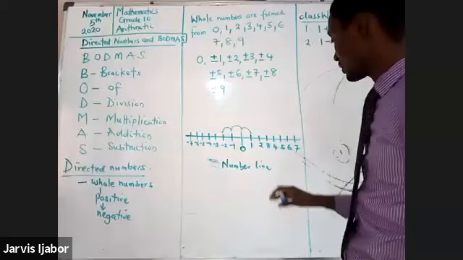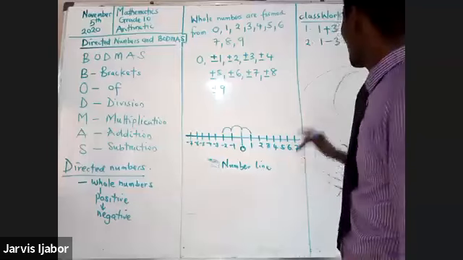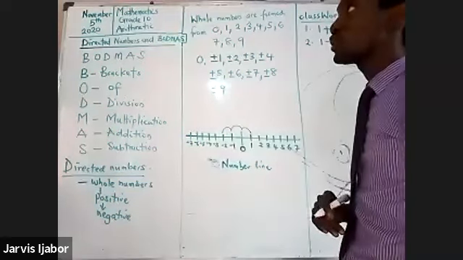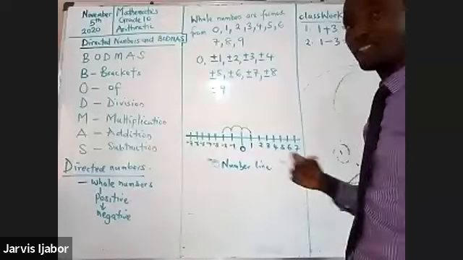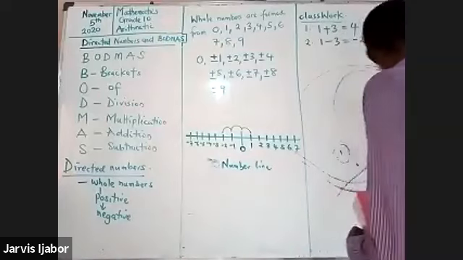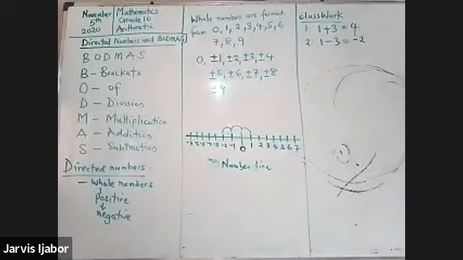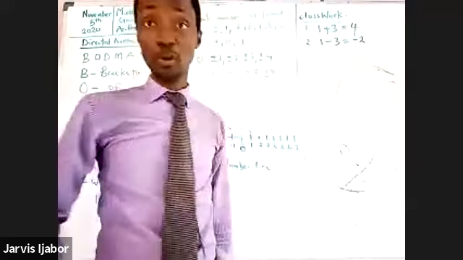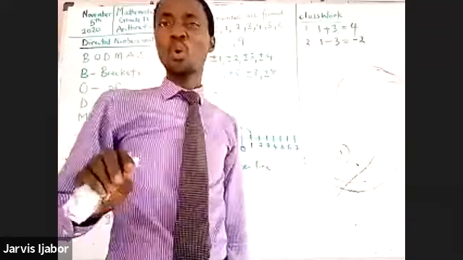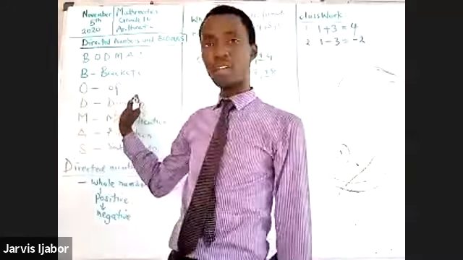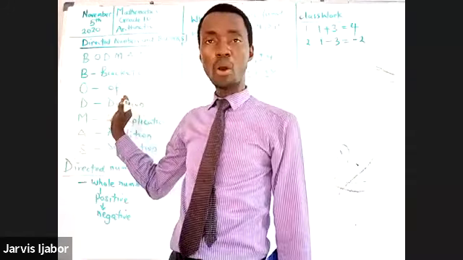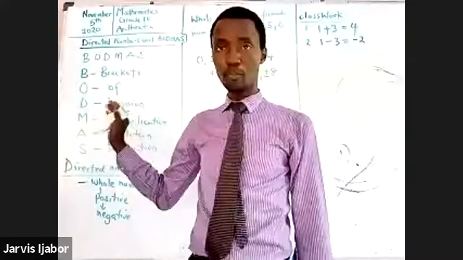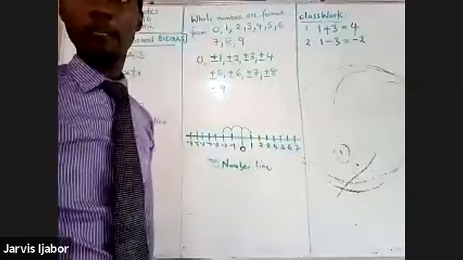Now, that's doing subtraction and what? Addition. Okay, so we will now go ahead to try to solve problems, and as we solve problems, we'll try to see how some of them work in line with your knowledge of BODMAS.